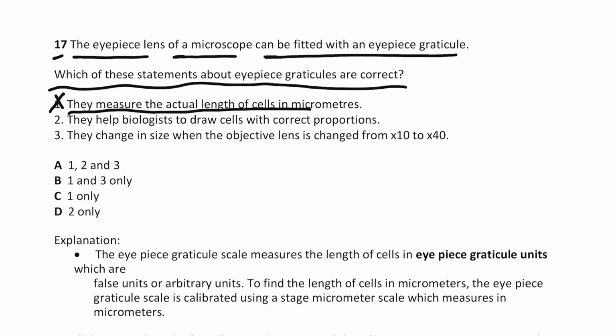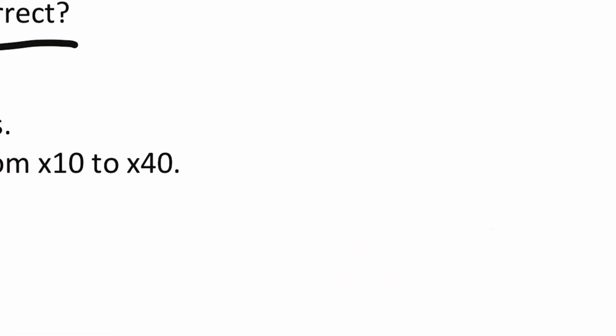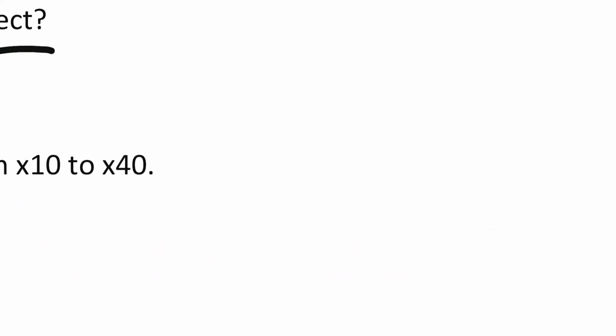The divisions on the eyepiece graticule signify arbitrary units. They help biologists to draw cells with correct proportions. Yes, guys, this is true, because when viewing the specimen using the eyepiece graticule, for example, there is a cell.